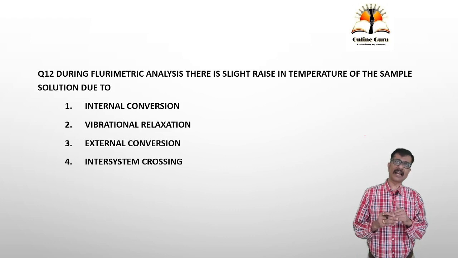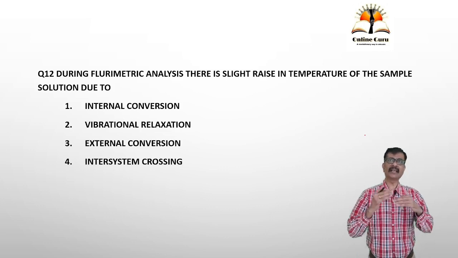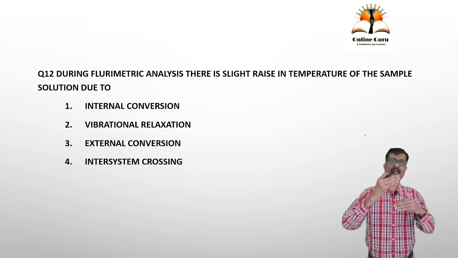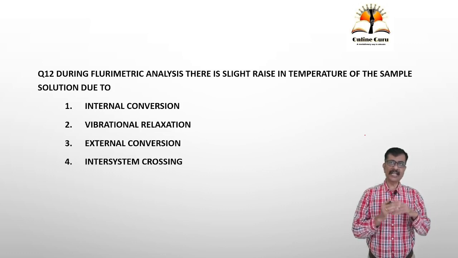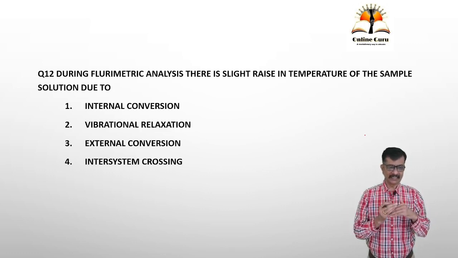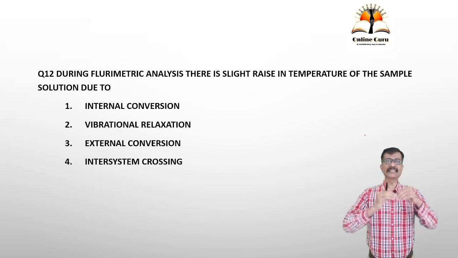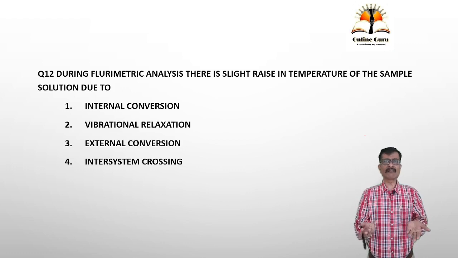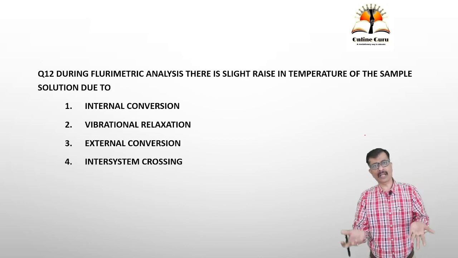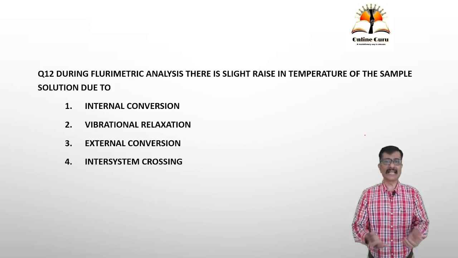Vibrational relaxation means relaxation of the electron within vibrational energy levels, and during vibrational relaxation, the molecule releases its excess energy in the form of heat. External conversion: the excited molecule gives its energy to a solvent molecule in the form of light energy.